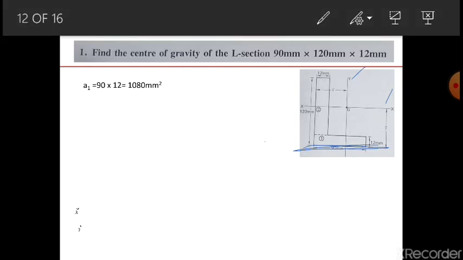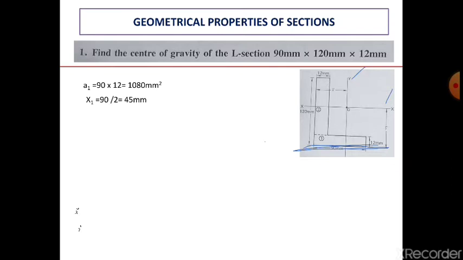Next is 90 by 2. Why is it 90 by 2? Because your x is in this direction. X is horizontal, so 90 will be the distance, not 12. Why?